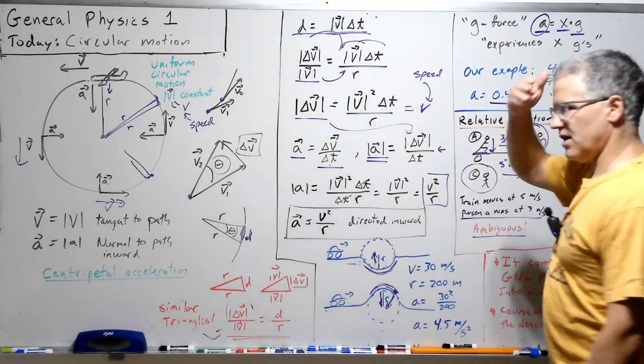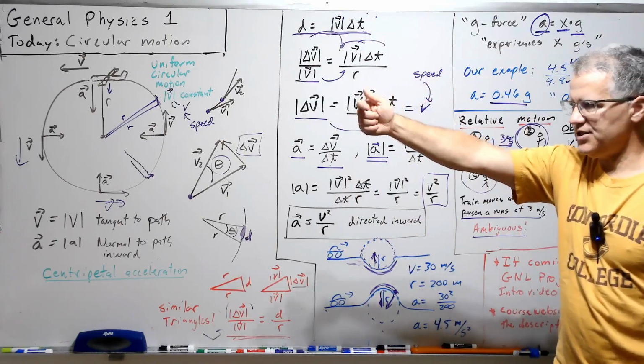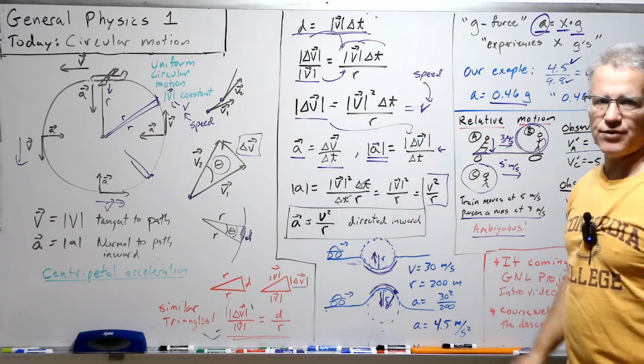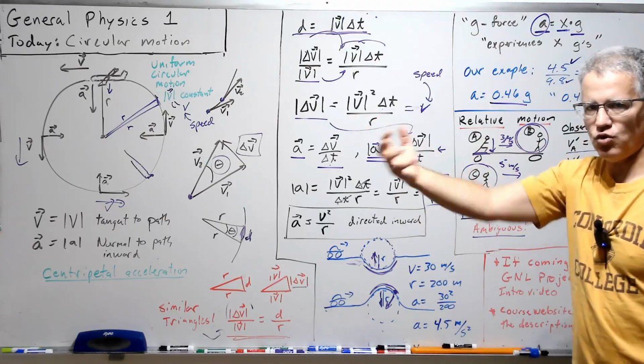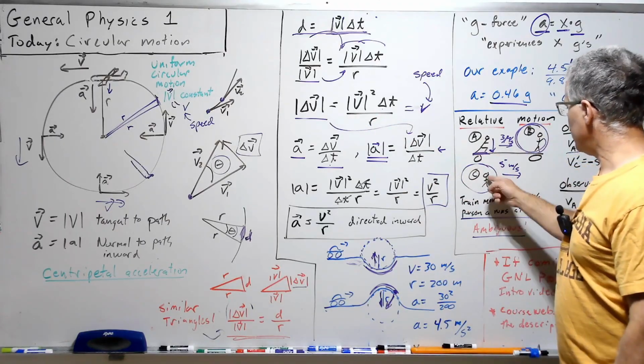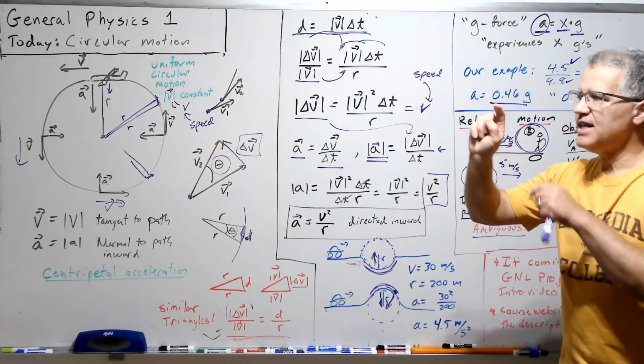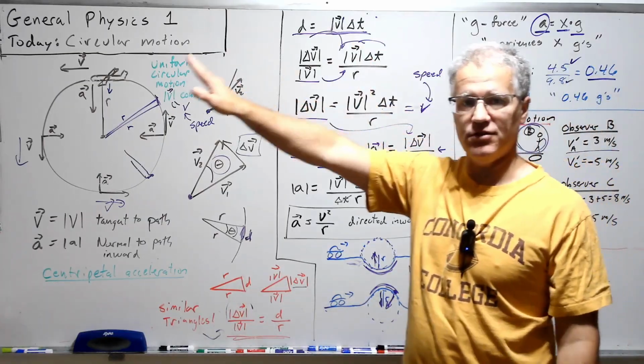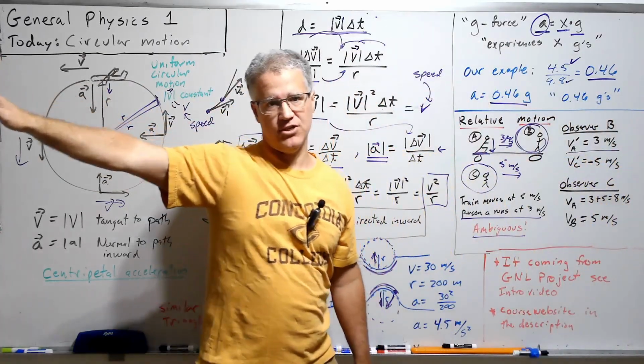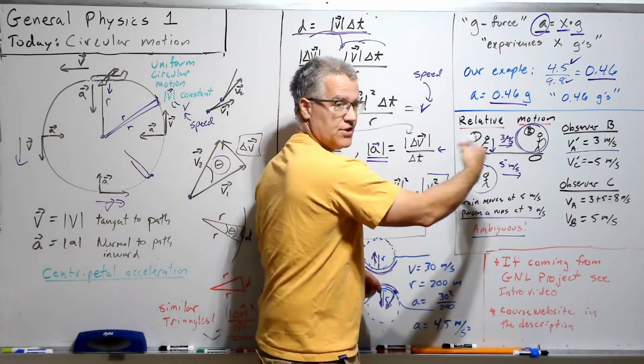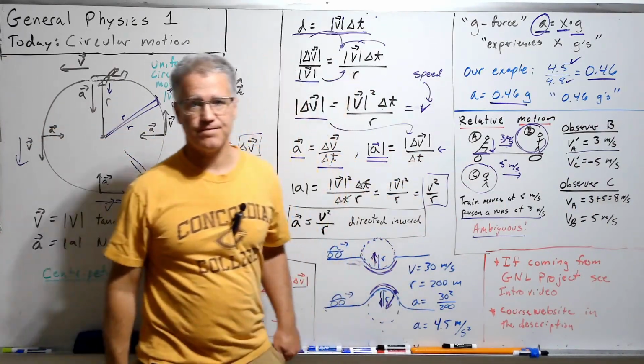You would see this person coming at you at 3 meters per second. They would be coming towards you, right? If we now direct the camera to person C, they would be heading off away from you at minus 5 meters per second, in the negative direction.